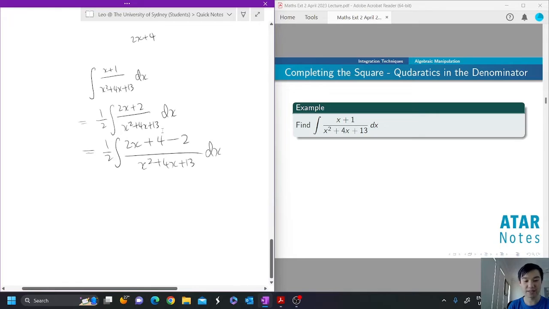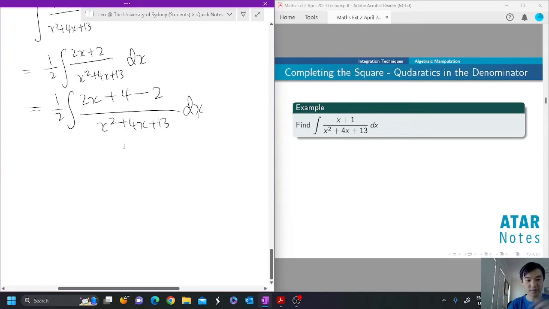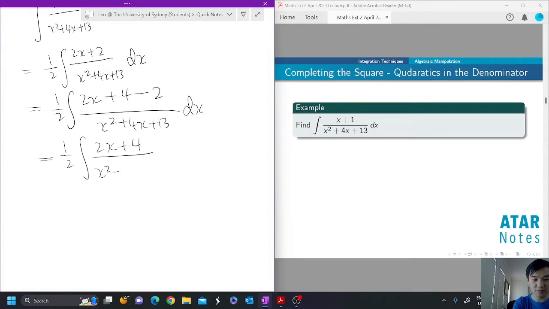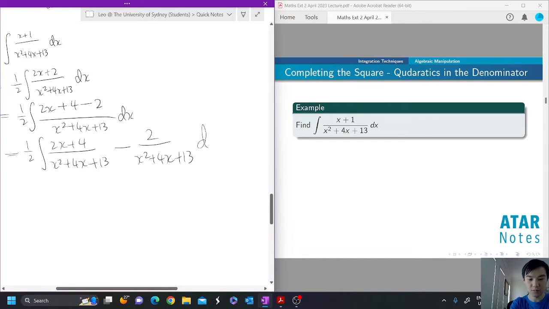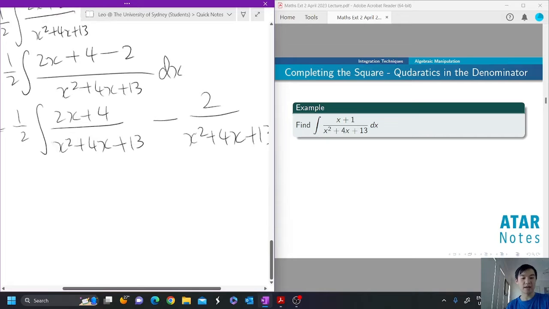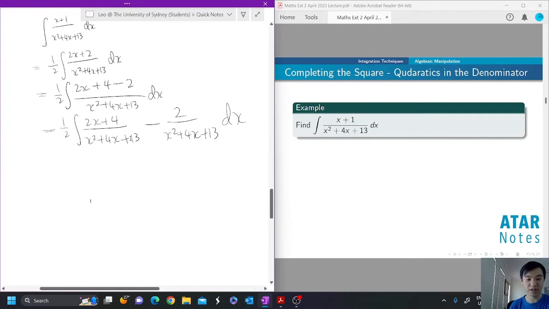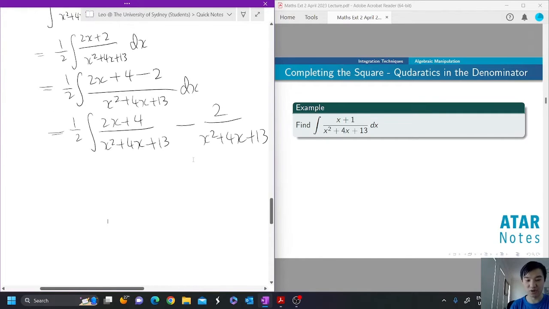So now that we have this, we can split the fraction. So this is the same thing as half times (2x plus 4) over (x squared plus 4x plus 13) minus 2 over (x squared plus 4x plus 13). And we can, I suppose, do what we did last time and just split it into two separate integrals.